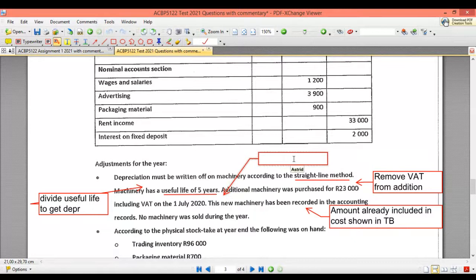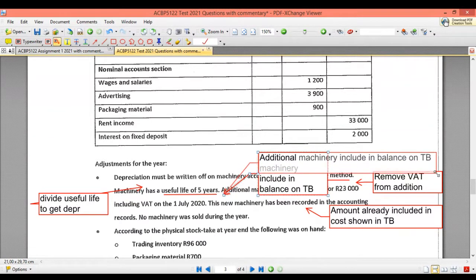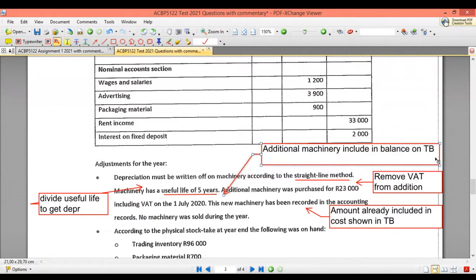So that means on the 1st of July. Now that additional machinery is included in your balance on the TB above. So you have to go and remove that amount to work out the depreciation for it separately.